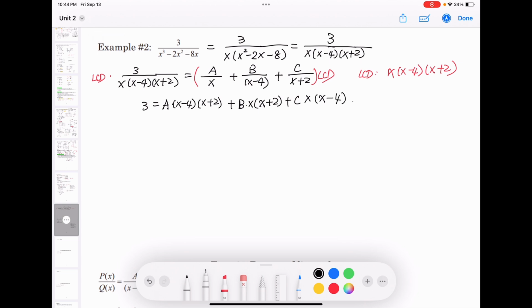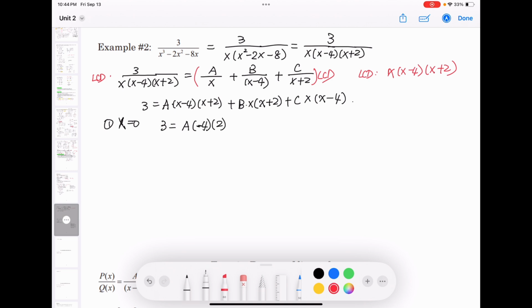Let's see what is the convenient value. What is our first denominator? The first factor of the LCD is x. We can let x equal 0. And then we have 3 is equal to a times 0 minus 4, negative 4, and then 0 plus 2, 2.